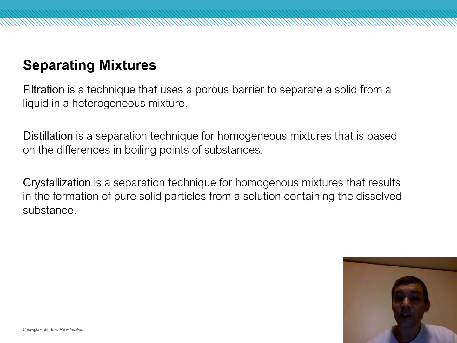For instance, the water molecules are fairly small; they'll pass through a filter. But if you're talking about mud or something like that, the mud, the dirt, will stay behind in the filter while the water goes through. So that's a method of taking the solid from a liquid in a heterogeneous mixture.